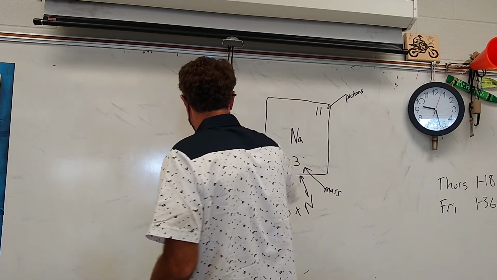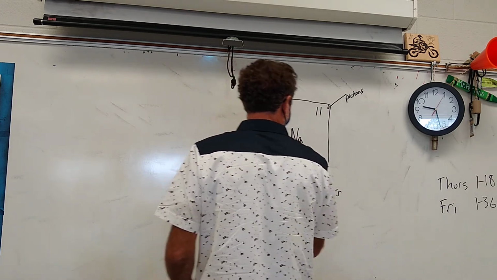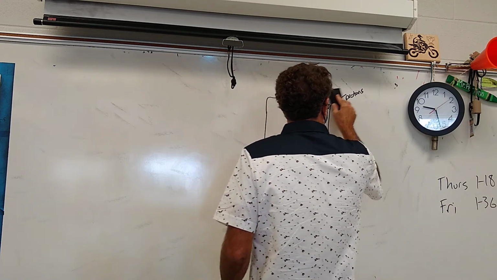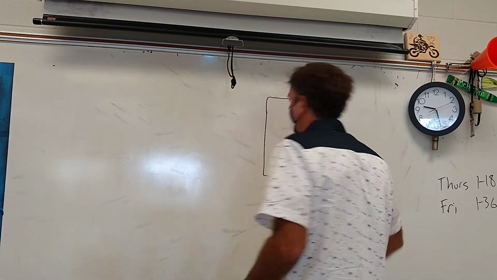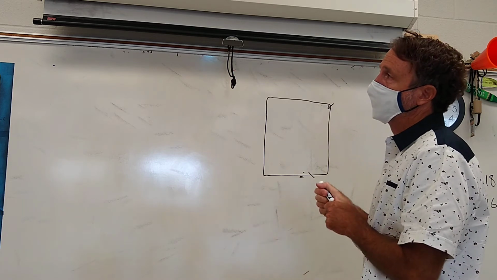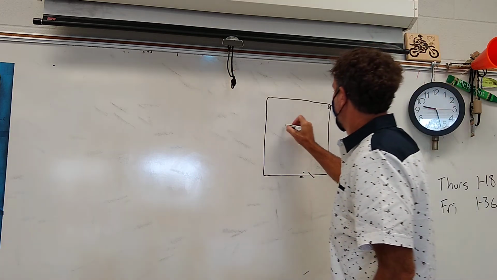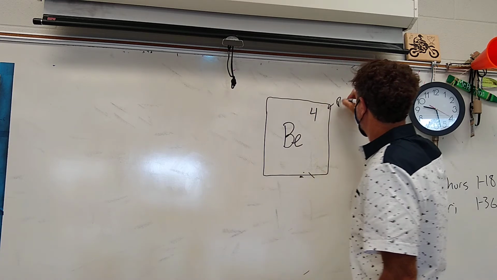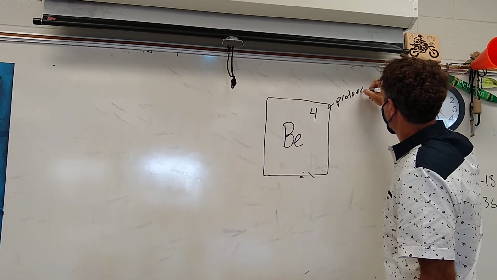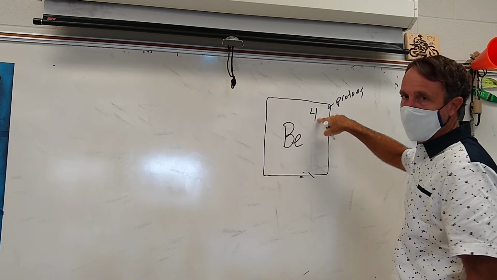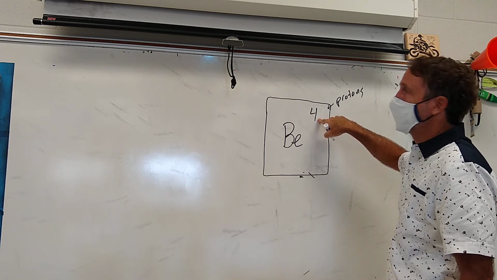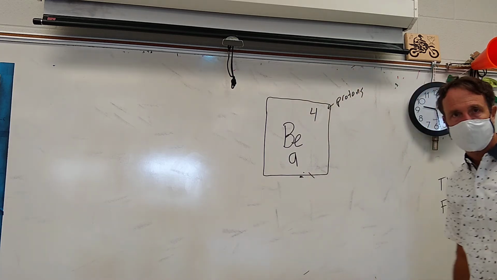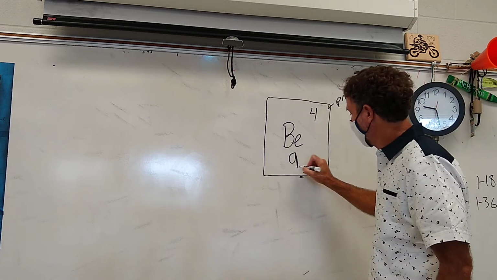Let's look at another atom really quickly. All right? Here's the other atom. How about beryllium. Beryllium, number 4, it has 4 protons. That's its atomic number. The atomic number is 4. Beryllium has a mass of 9. The atomic mass is 9.